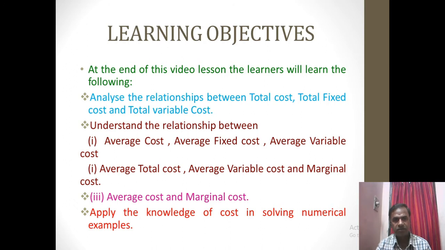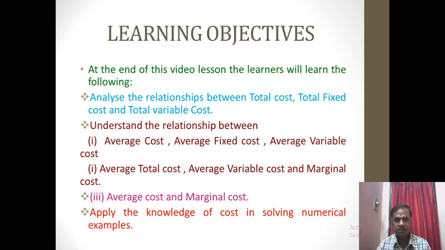At the end of this video lesson, the learners will learn the following learning objectives. They will be able to analyze the relationship between the total costs, total fixed costs and total variable costs.